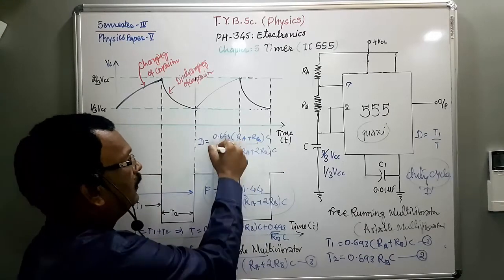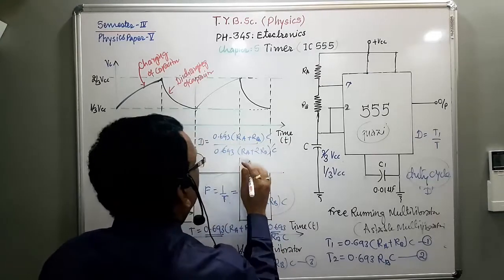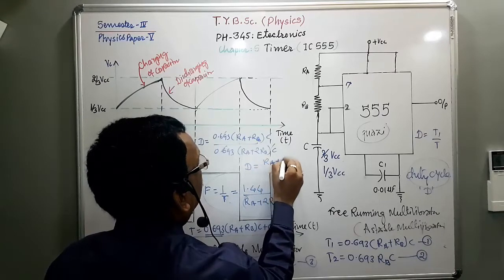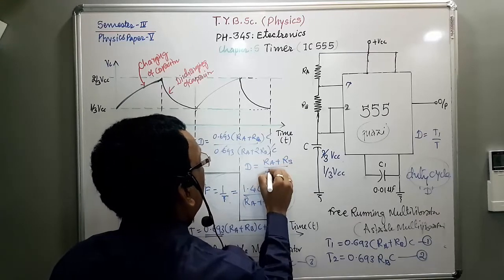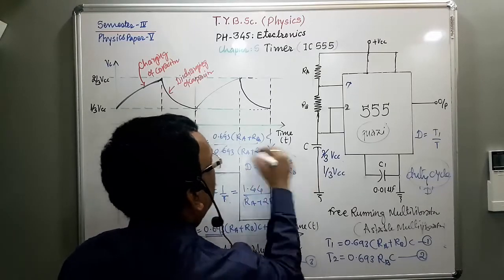So 0.693 and C cancel, and we get duty cycle D equal to (RA plus RB) upon (RA plus twice RB). This is the duty cycle.